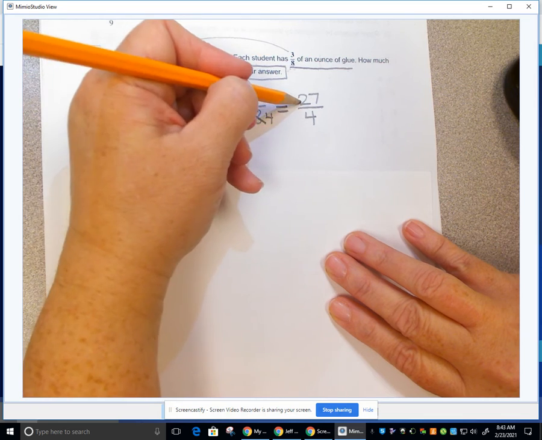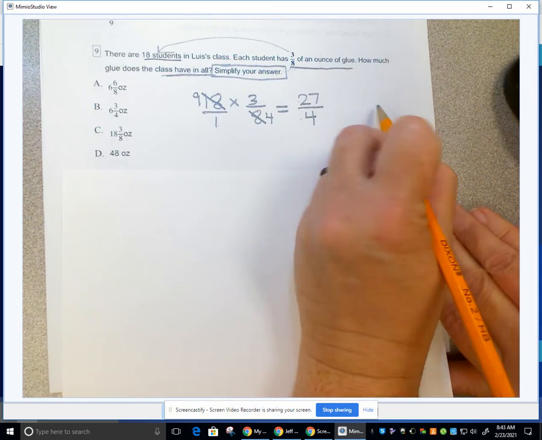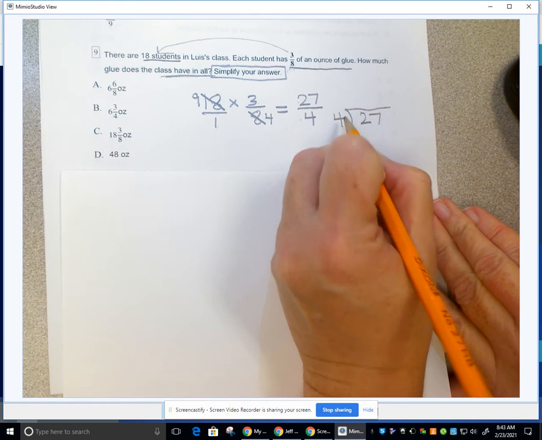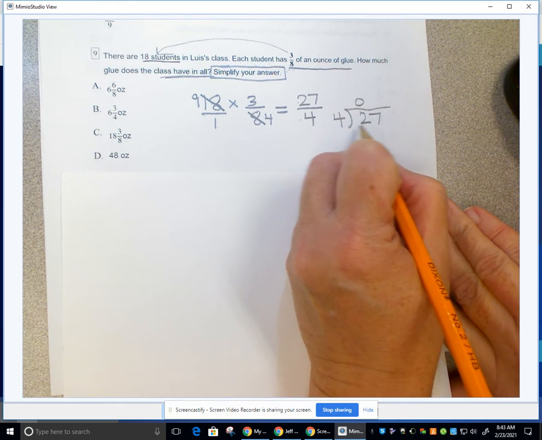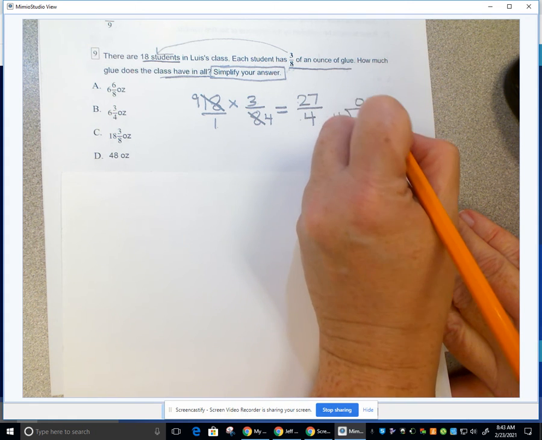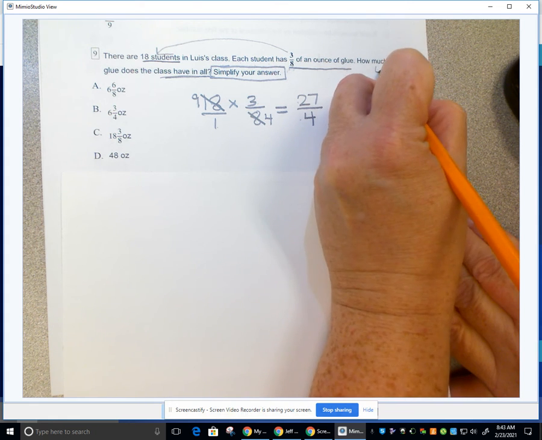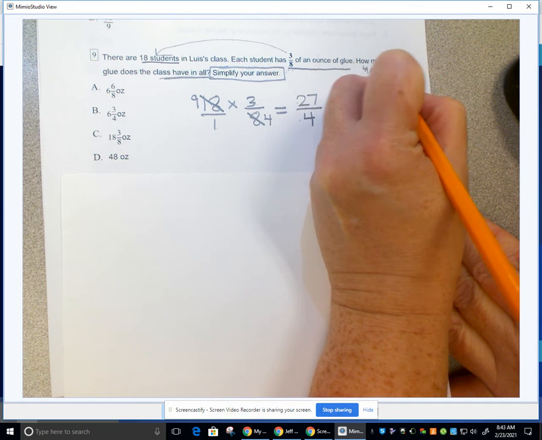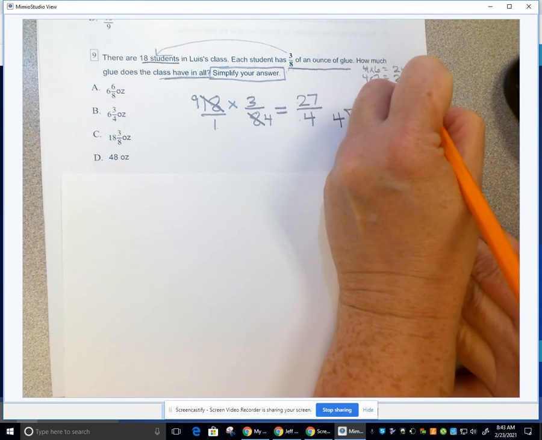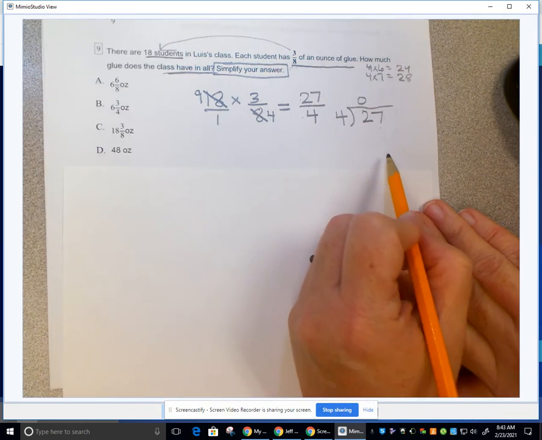And now I've got 27 divided by 4. That's improper, and I know it won't go evenly. 4 won't go into 2, but it'll go into 27. Let's see, 4 times 6 is 24. 4 times 7 is 28. So 4 times 7 is too much.